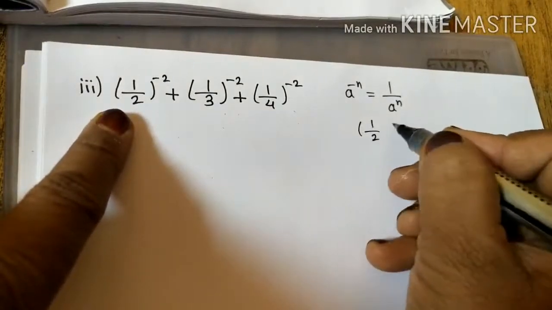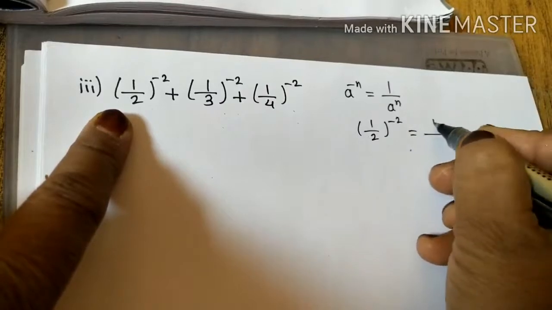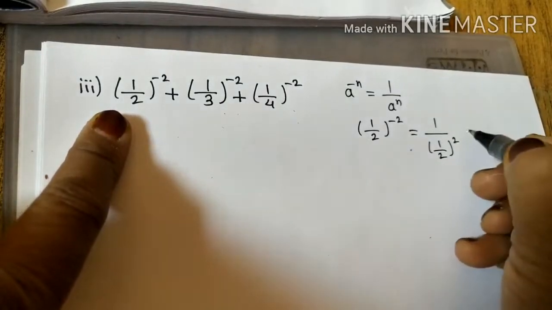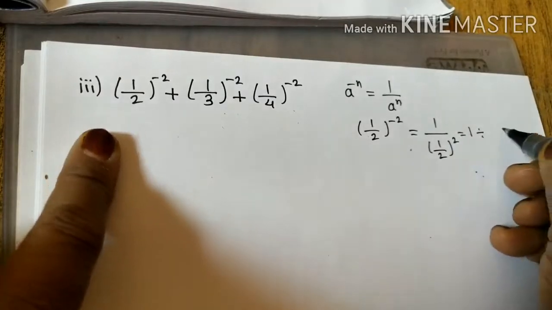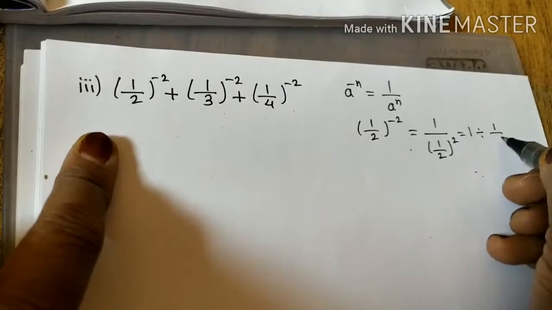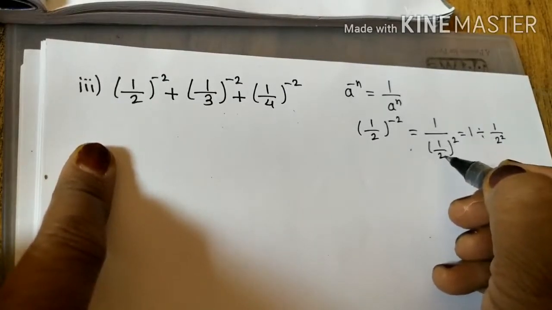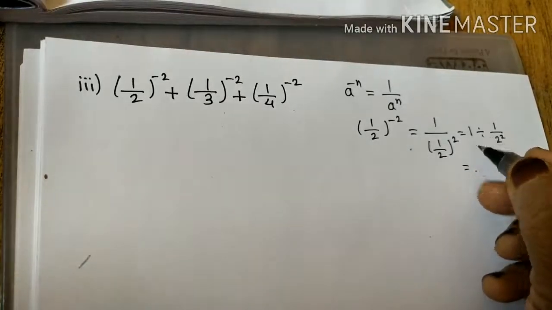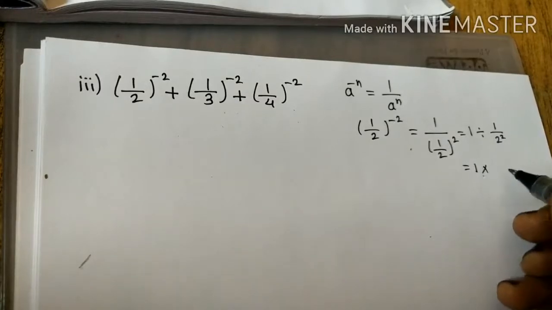1 divided by 2 raised to minus 2 is equal to 1 divided by 1 by 2 raised to 2. I'll write it in this way: 1 divided by 1 by 2 raised to 2. This 2 belongs to 1 as well as 2. Therefore, now here I'll convert this division into multiplication.